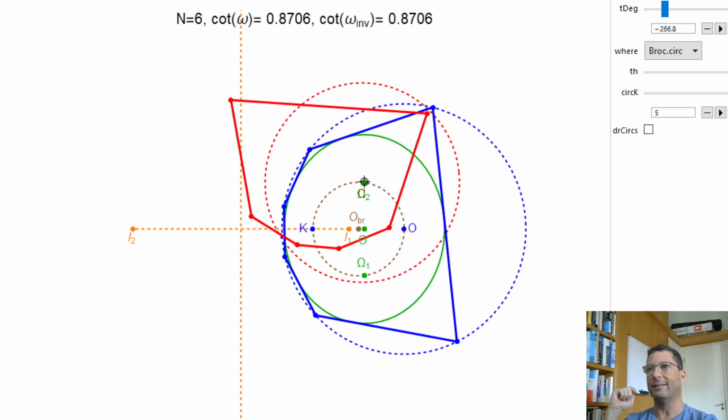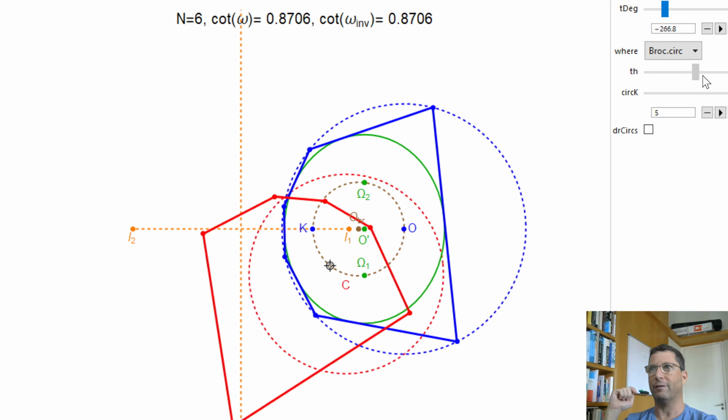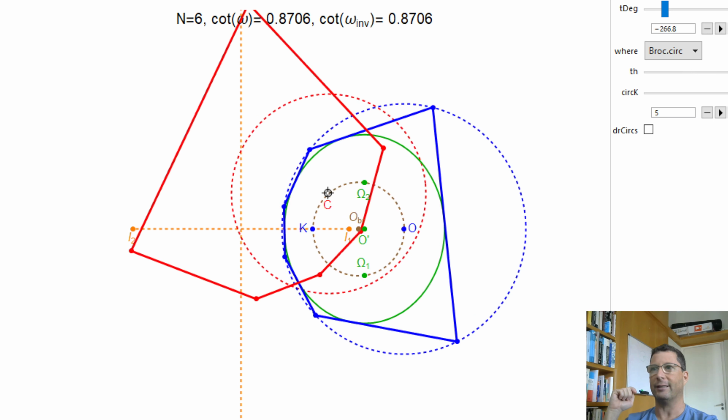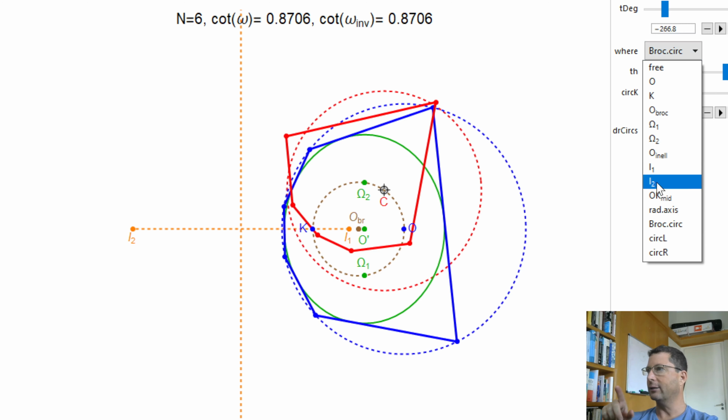But this Brocard angle is also equal to the one of the original family, 0.8706. So there are two loci for C for which the Brocard angle of the inversive is equal to the Brocard angle of the original family: the Brocard circle, which is what you're seeing here, 0.8706, 0.8706, or the Longman axis.